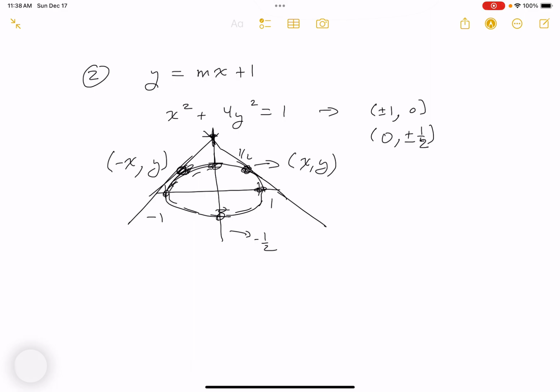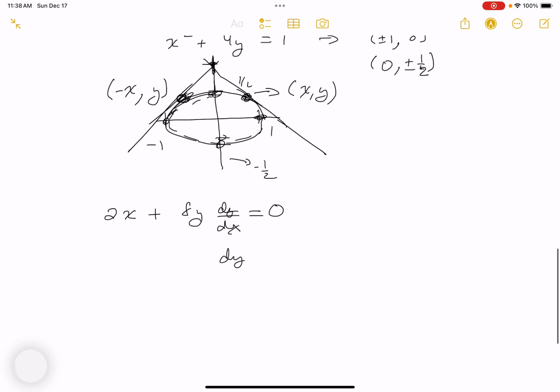So I'm looking really for a tangent line, and I have to do the derivative of that ellipse now. So it's going to be 2x dx/dx plus 8y dy/dx equals 0. I want to solve for dy/dx, and what do you get there? You would get minus 2x over 8y, and that would reduce to minus x over 4y.